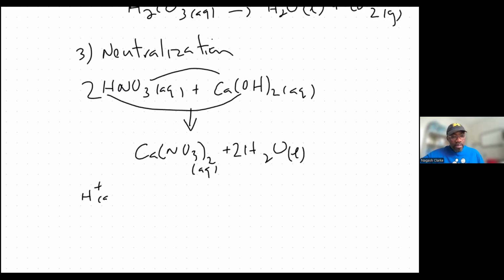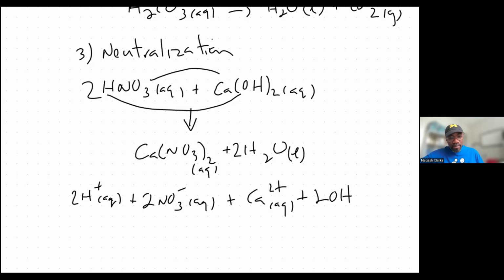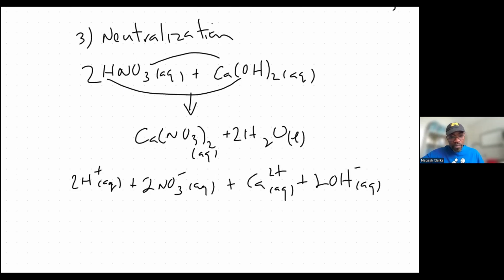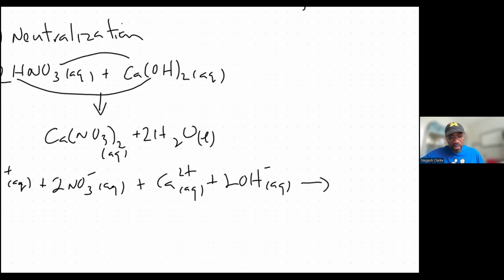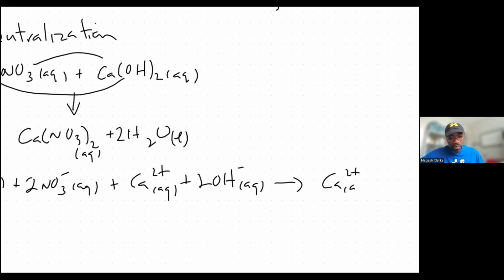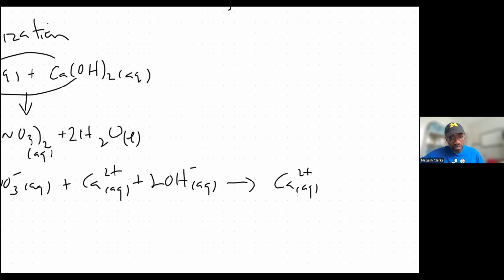Yes. 2H+ (aq) plus 2NO3- (aq) plus Ca2+ (aq) plus 2OH- (aq) gives me 2H2O plus Ca2+ (aq) plus 2NO3- (aq).